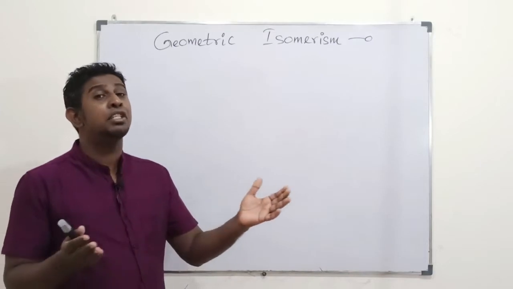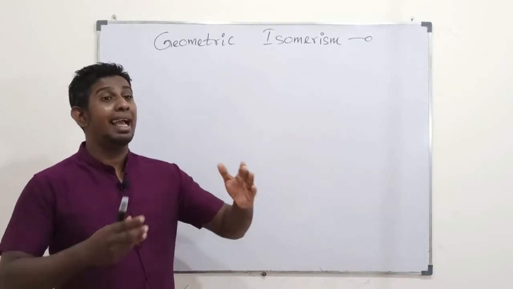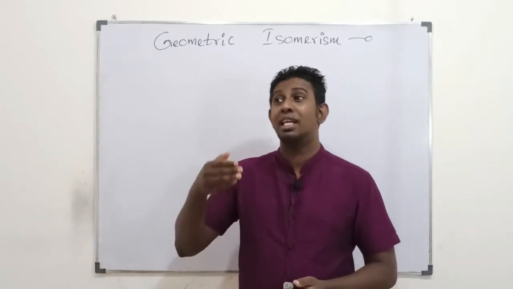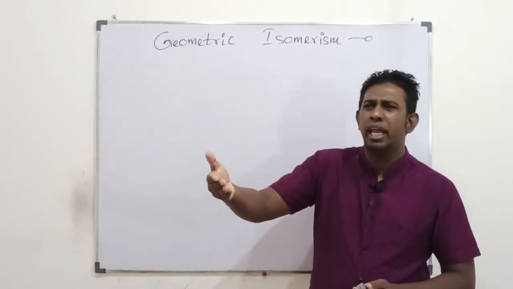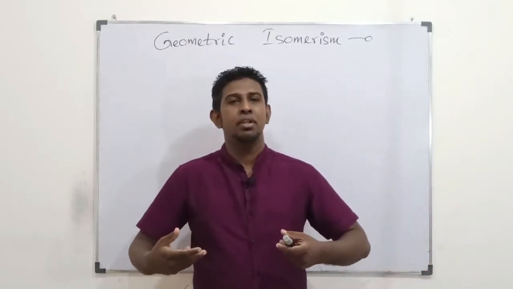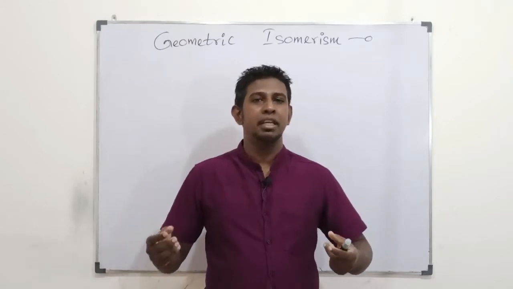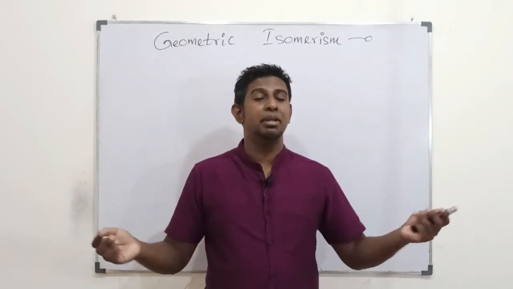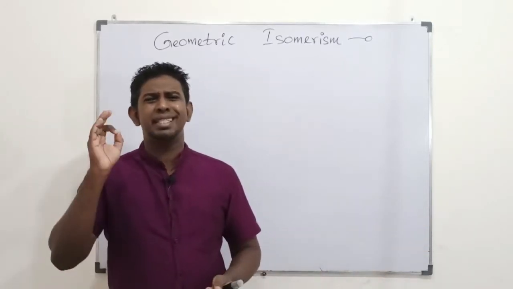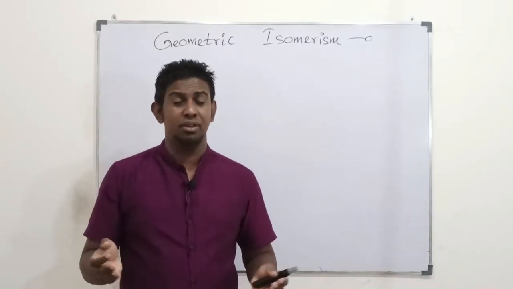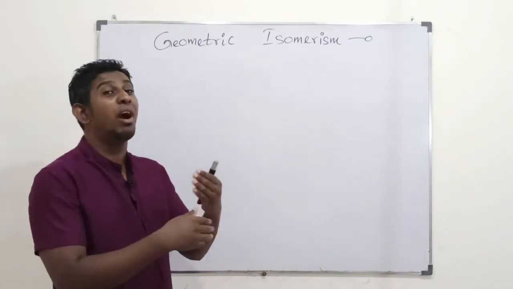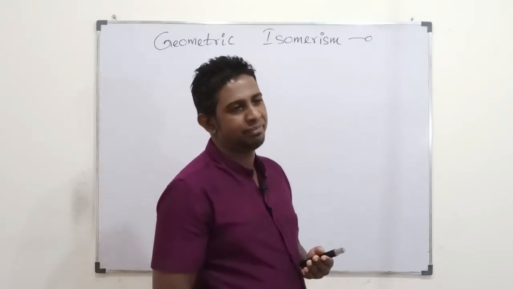For the same molecular and structural formula, you get different compounds having their groups or atoms arranged differently in three-dimensional space. We call this stereoisomerism, and those are the stereoisomers.